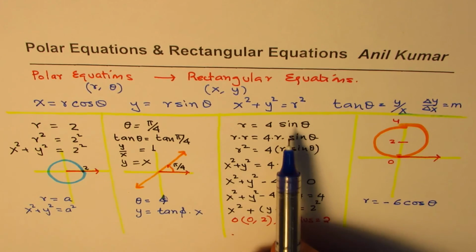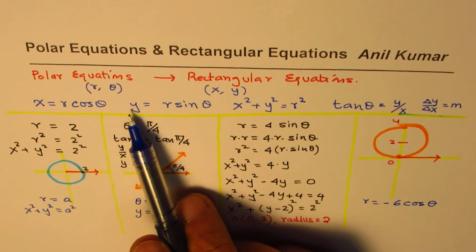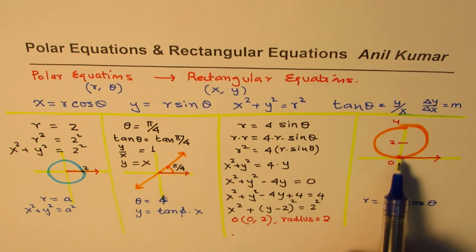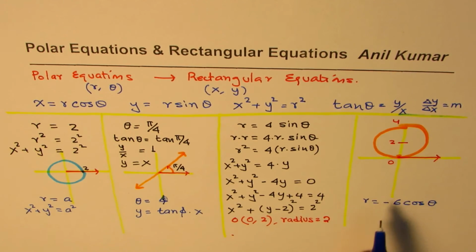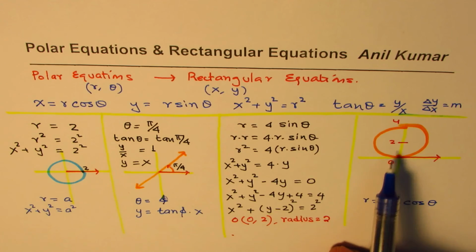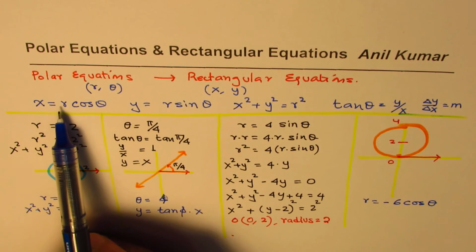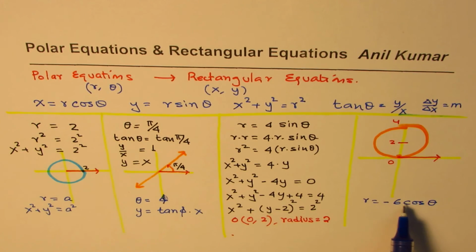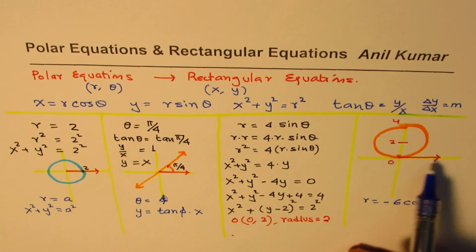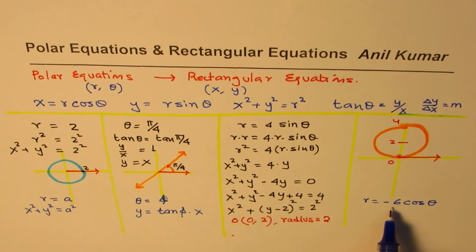Now you'll find that sine theta is related with the y value, so the circle moved up by that value, 2 times, right? It was 4, half of this. In this equation, you'll find cos theta is related with x. So here the translation will be along the polar axis. Try to convert this and see your result. I hope that will help you.